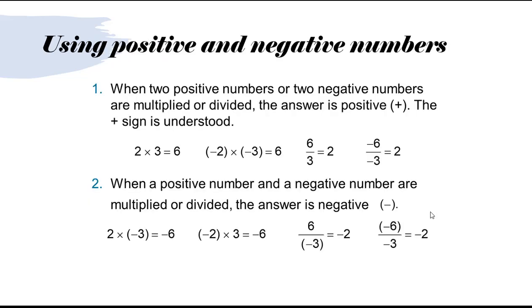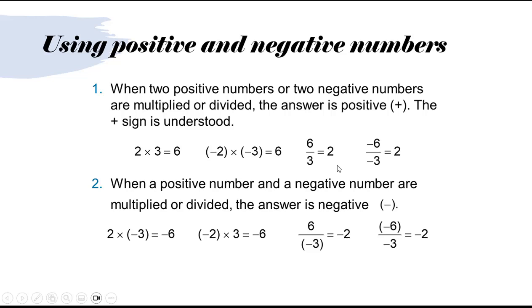You also need to get comfortable thinking about using positive and negative numbers. So there are some basic rules I just want to remind you guys of. Number one, when two positive numbers or two negative numbers are multiplied or divided, the answer is always positive, right? So if you have two positives, it's a positive. If you have two negatives, the negative signs cancel out and you also end up with a positive number.